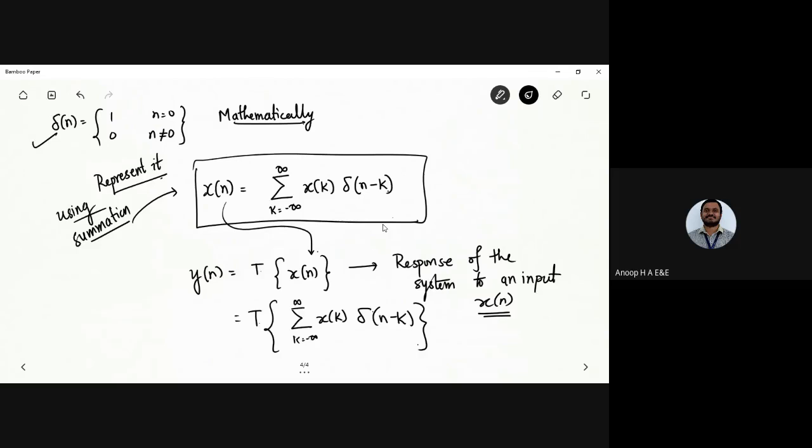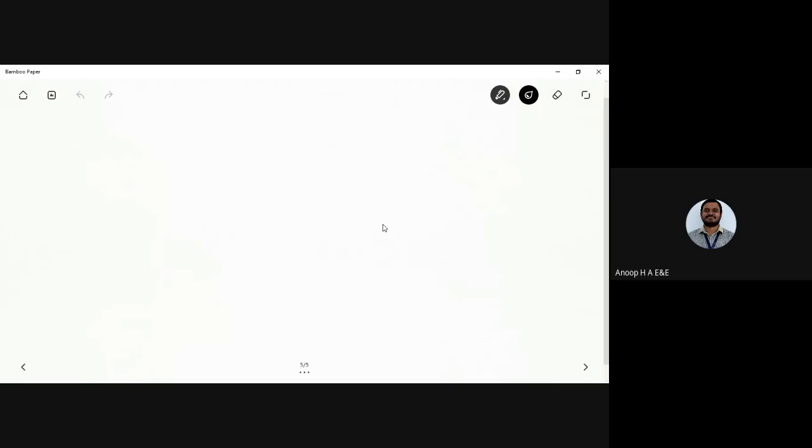Now x of k we can generally take out, because each term will have it. The T operator that I mentioned is applied on delta of n minus k. As we already know, y of n, as I already defined, is x of n convolved with h of n. So how do I get h of n?